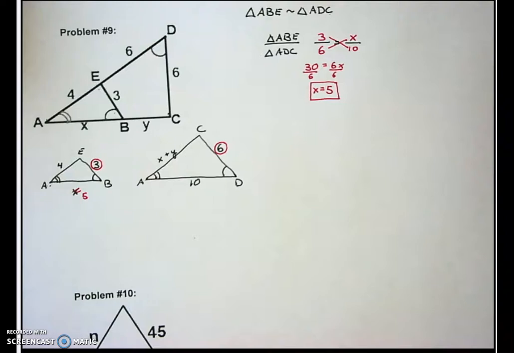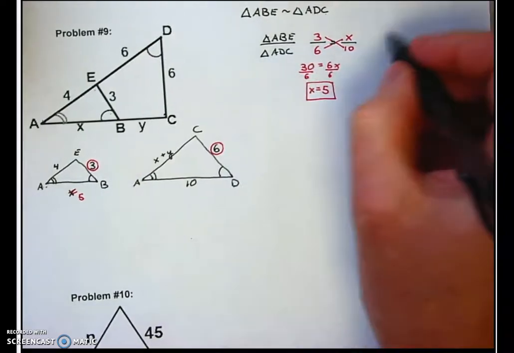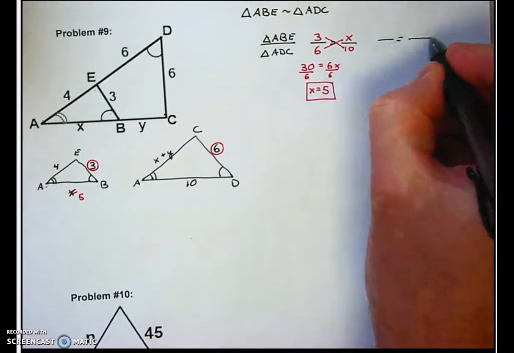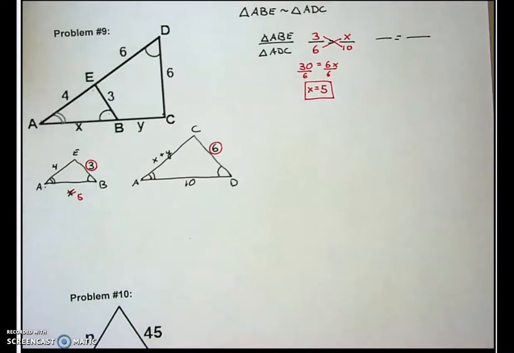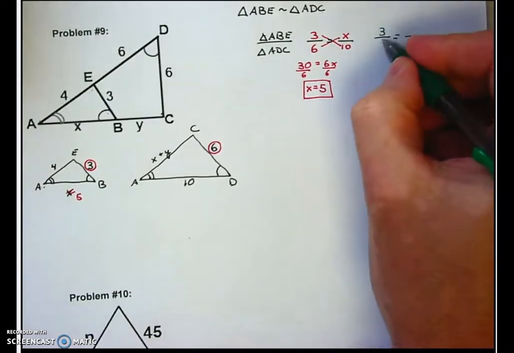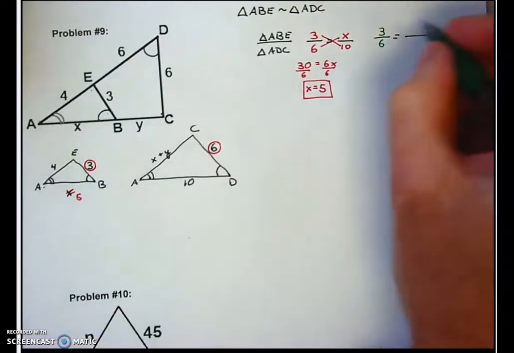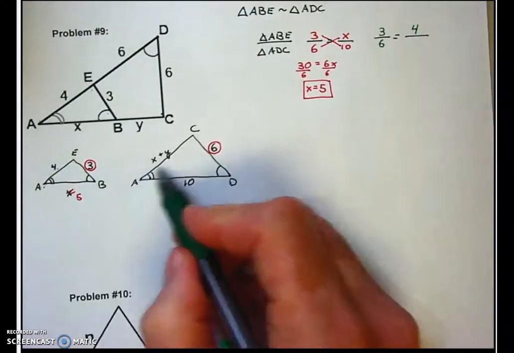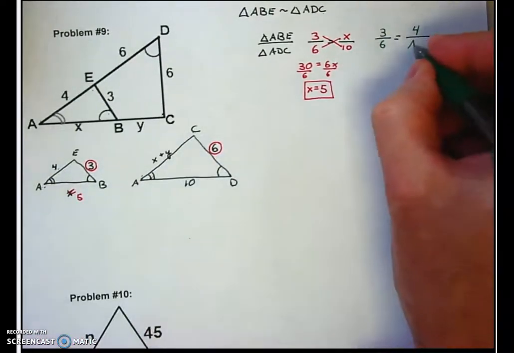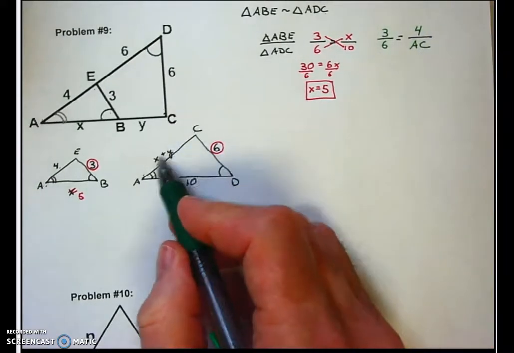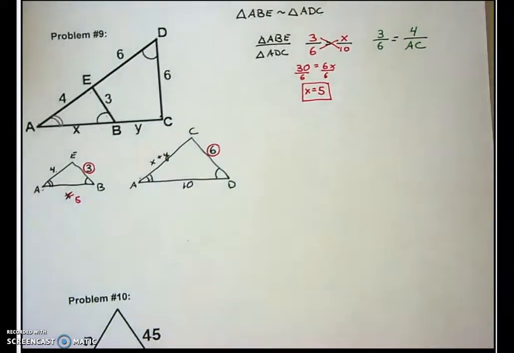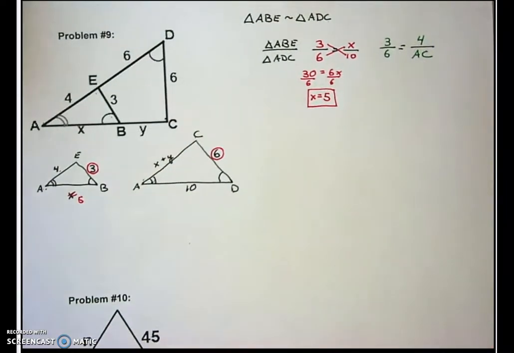Now, let's use the same comparison to set up a new proportion. I know 3 goes with 6. The same way 4, which is AE, goes with AC. I'm just going to call that AC because AC mixes X's and Y's, and I just don't want to do that.